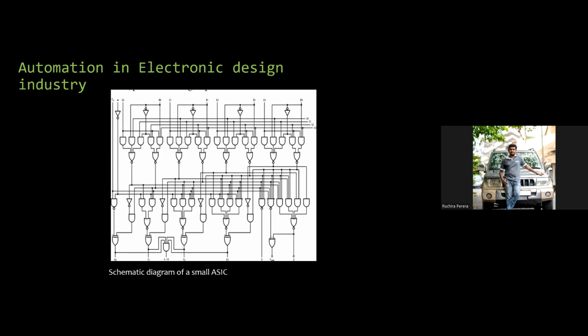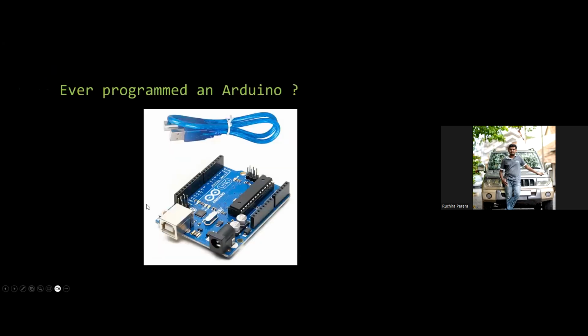So that is one application specific IC. And likewise, this is a small logic diagram or the schematic diagram of a particular IC. I just want to give you the term ASIC here, because this will be useful.